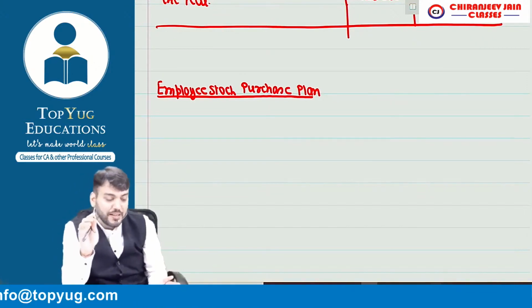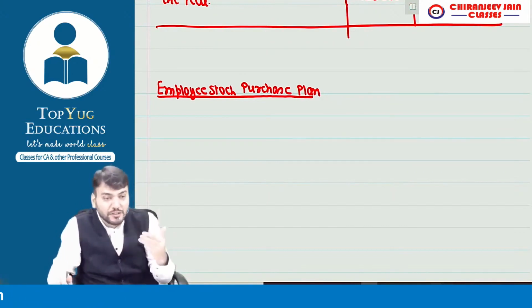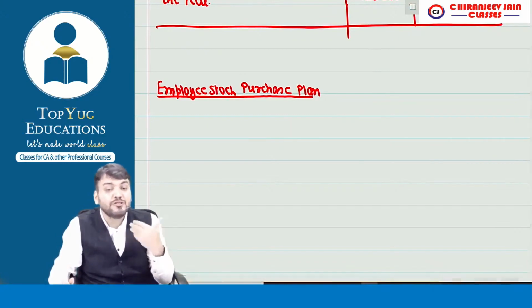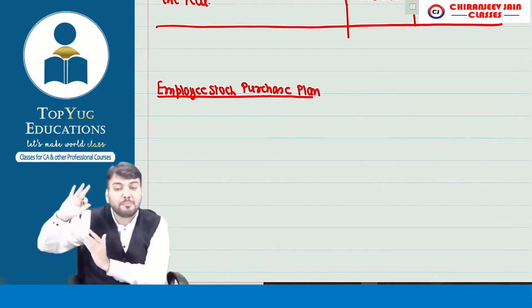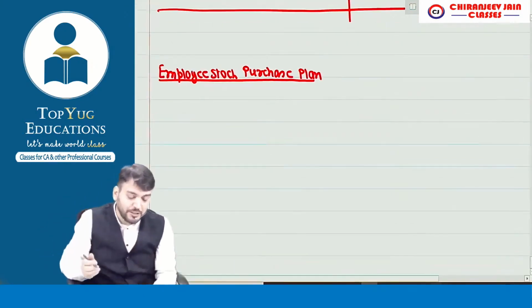Both are in our syllabus. The difference between ESOP and ESPP is what? Under ESOP, there is some future compliance. Under ESPP, there is no future compliance. It is based on some past services received. Correct now? Are you getting what I am saying?